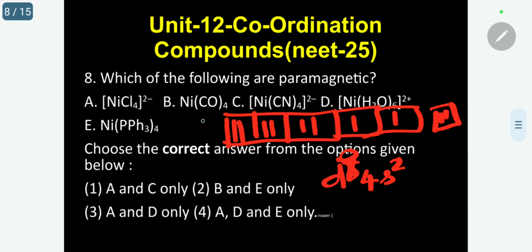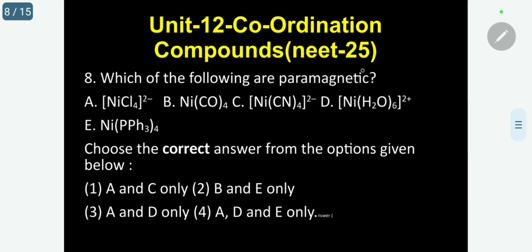The ligand CO is a highly powerful strong ligand, so on formation of the complex, the 4s2 electrons come and pair in the d orbitals, and the s orbital becomes empty. So it is diamagnetic now. So nickel tetracarbonyl is diamagnetic, B.